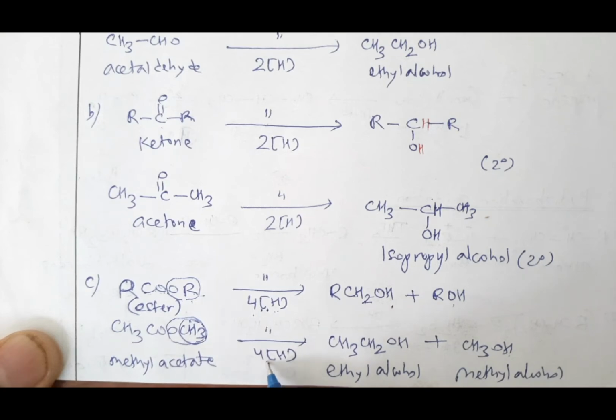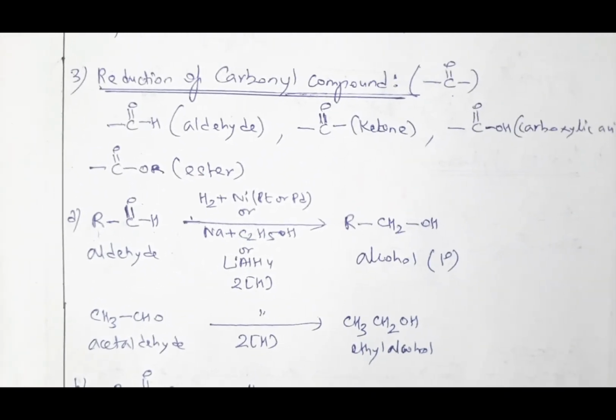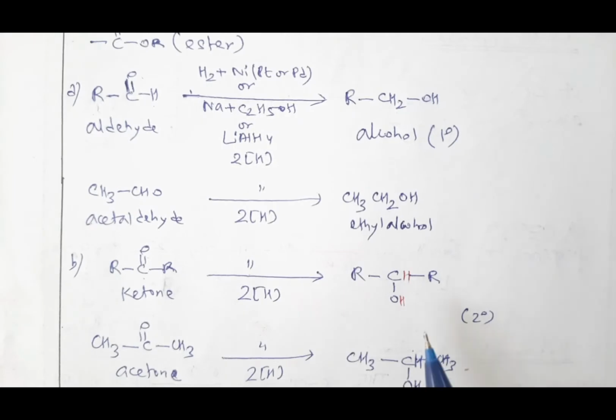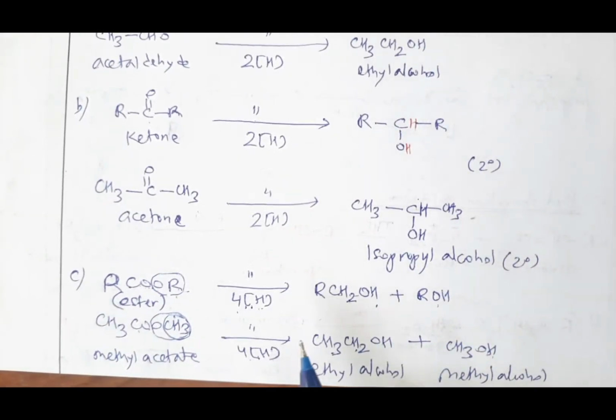Then of the 3 H which are left here, 2 will go here and form CH3CH2, and 1 which is left will go to the O to form OH. So on reduction of methyl acetate, which is an ester, you get 2 alcohols. One is ethyl alcohol, one is methyl alcohol, and both are primary alcohols. So far, students, we are doing the reduction of carbonyl compounds, preparation number 3. And here you have seen that I have reduced aldehyde to primary alcohol, ketone to secondary alcohol, and ester on reduction gives 2 alcohols, ethyl and methyl, you can see from here.